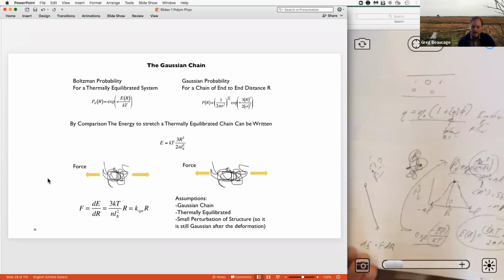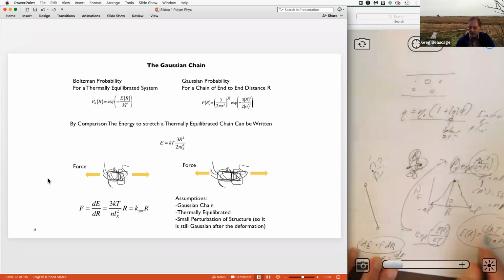So we have energy is force times distance. That means the force on the chain is dE/dr. Right? But we have an equation for E, so we can just take the derivative of that and find we have 3kT over NL squared times R. And R is our x, so this is a spring constant.